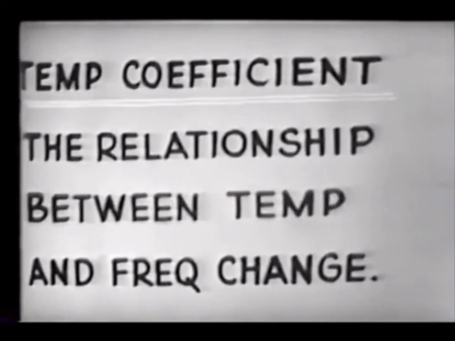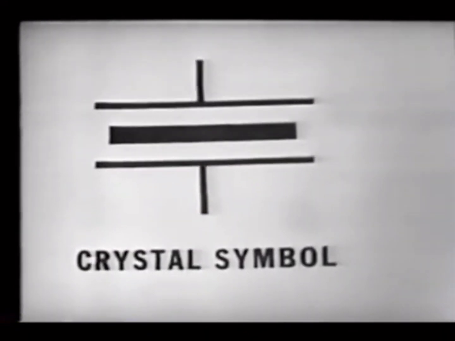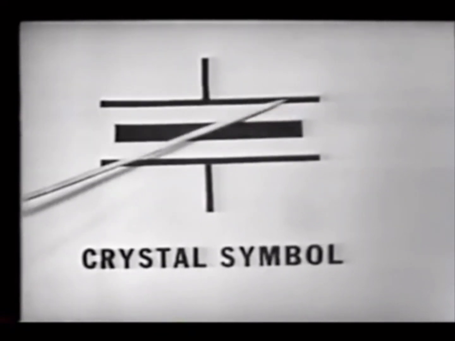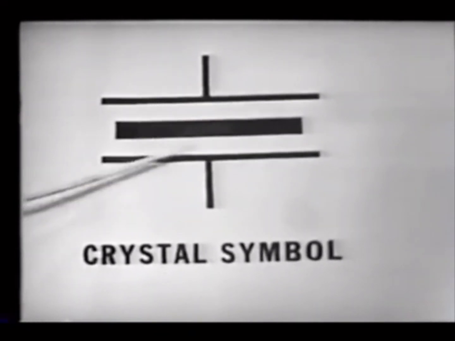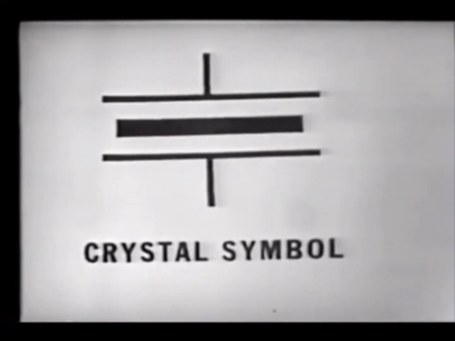And then we gave you the schematic symbol for a crystal. This represented the crystal holder, this the crystal itself. Now, in concluding, we can say that the one big advantage of the crystal is its frequency stability. Remember, it has a very high Q, giving us a very narrow bandwidth.